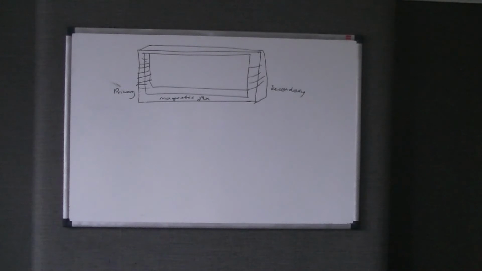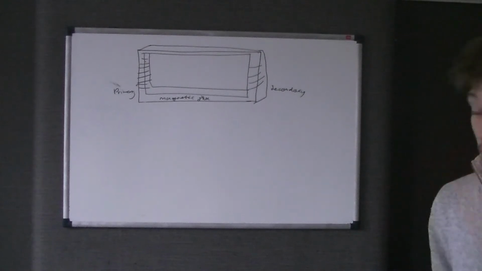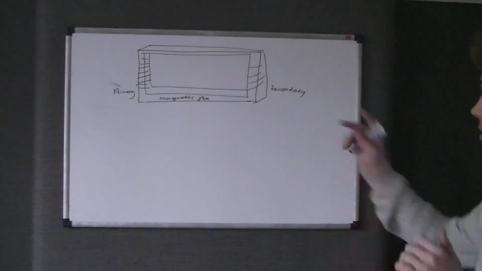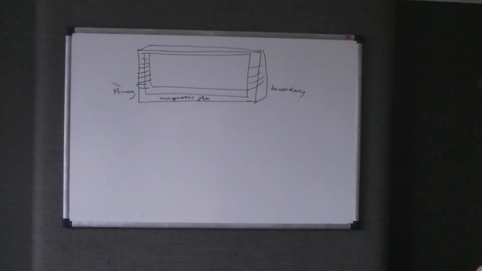Another thing that you would have been told is we have a soft iron core, so it can be magnetised and demagnetised quickly. Okay, so that's what you hopefully should know.